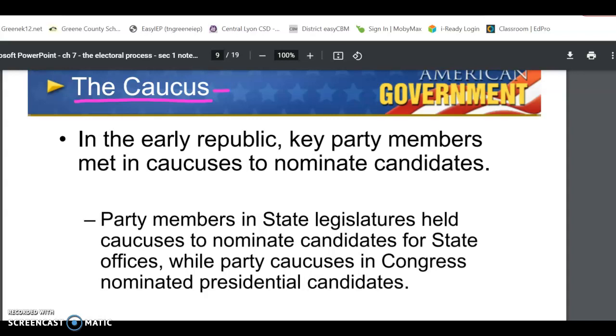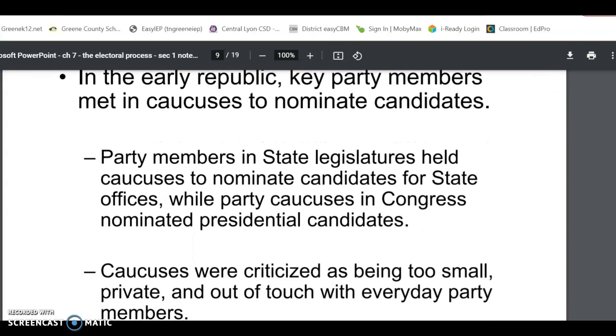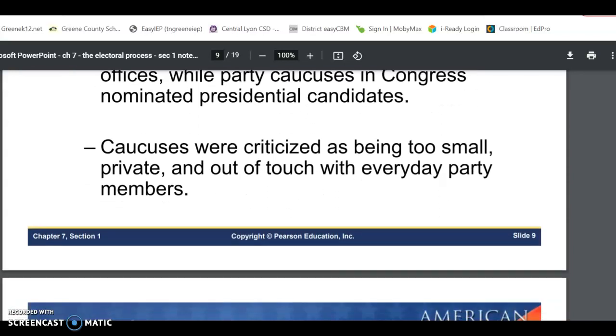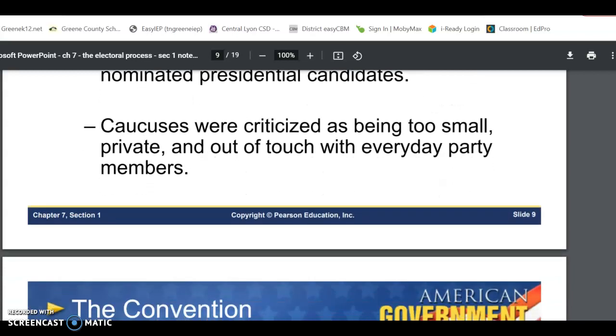So what is the caucus? In the early republic, key party members met in caucuses to nominate candidates. It doesn't happen a lot now, but that was the main way people were nominated in the beginnings of the Constitution, in the beginnings of the American elections.